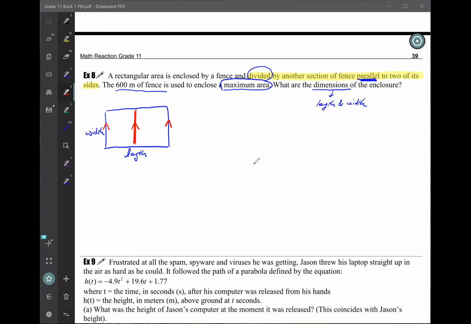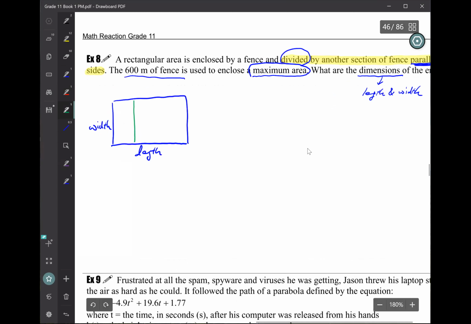So we added one more side there, right? It doesn't have to be in the middle. It could be anywhere. Once you divide it, your area has two parts. So maybe this is your backyard, and you put another fence in the middle, the green one.